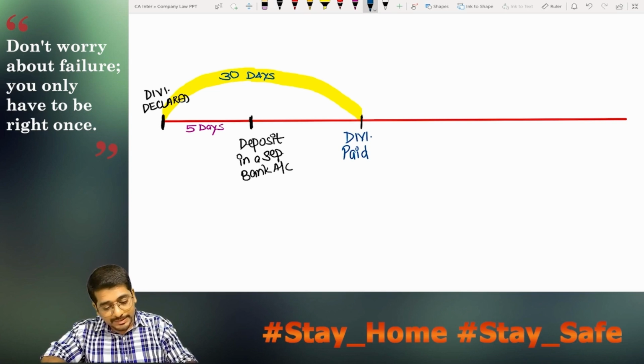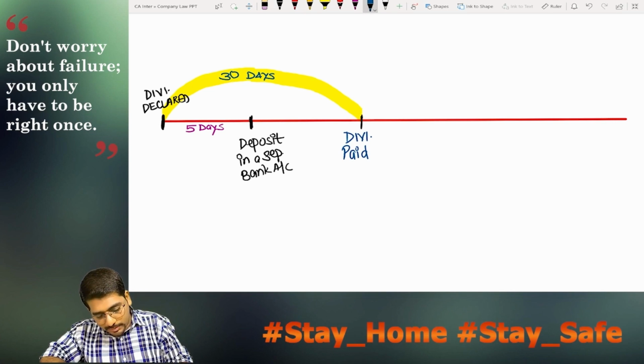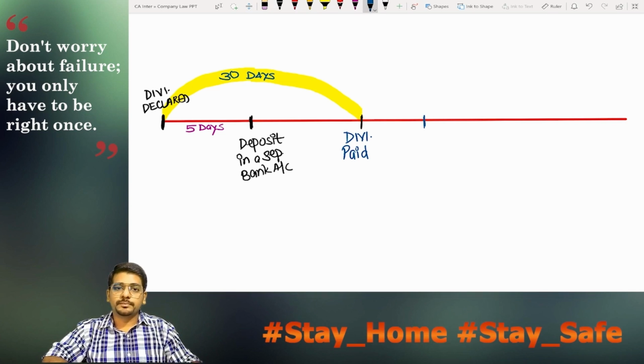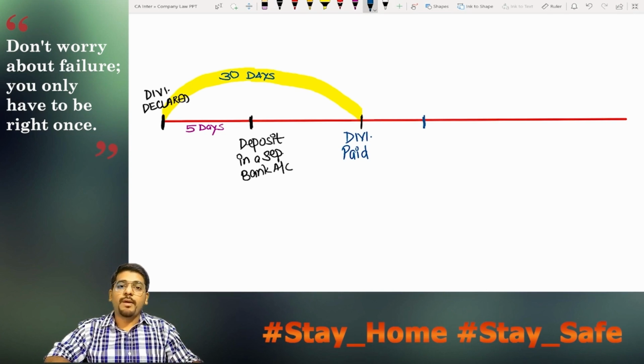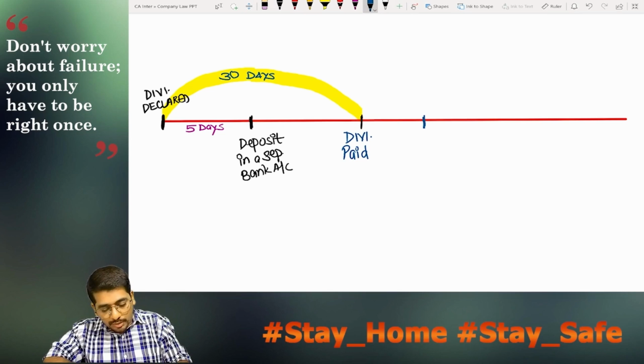That is one thing. Then they say, after that, coming over here. Sir, if we have declared dividend, we have made the payment of dividend. But what if someone has not collected the amount of dividend from us? Then what should we do? Where should we go? So there they come up with this provision over here. They are saying, in case anyone does not collect the amount of dividend from you, then you should transfer it to unclaimed, or you can call it unpaid or unclaimed, dividend account.